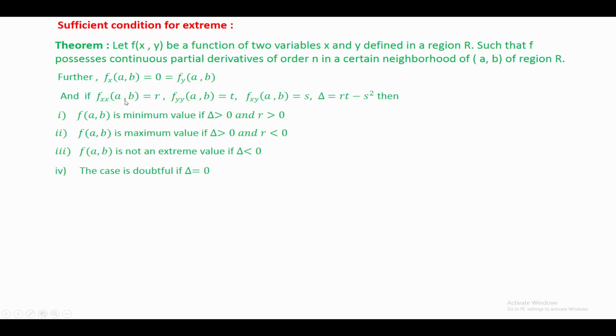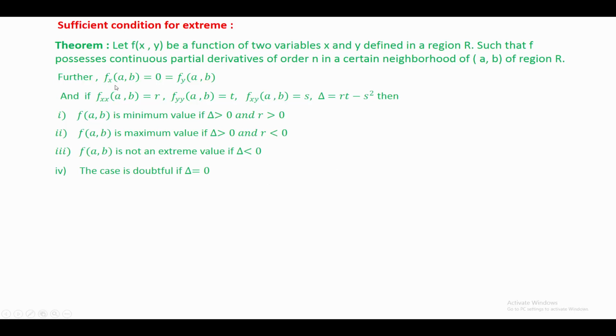And if fxx(a,b) is denoted as R, fyy(a,b) as T, fxy(a,b) as S, and delta equals RT minus S square, then first, f(a,b) is a minimum value if delta is positive and R is positive. Second, f(a,b) is a maximum value if delta is positive and R is negative. Third, f(a,b) is not an extreme value if delta is negative, and the case is doubtful if delta equals 0.